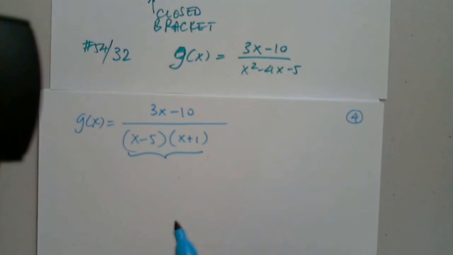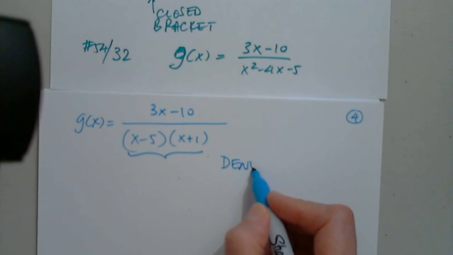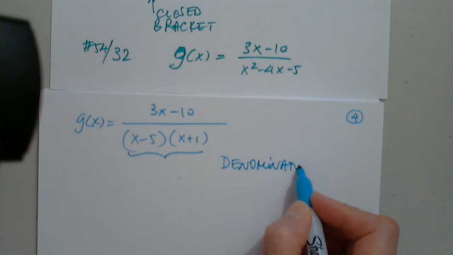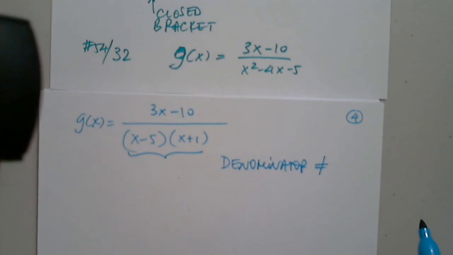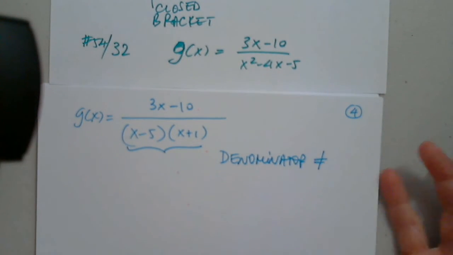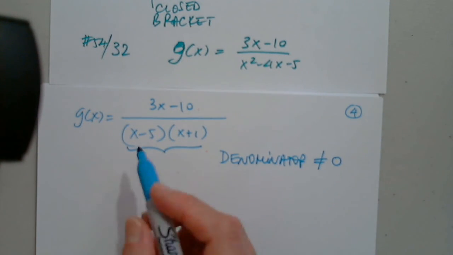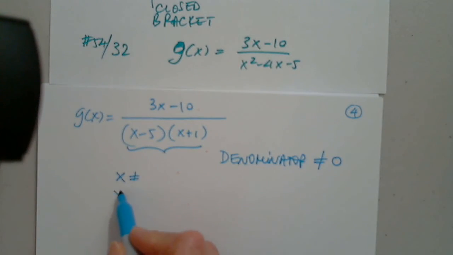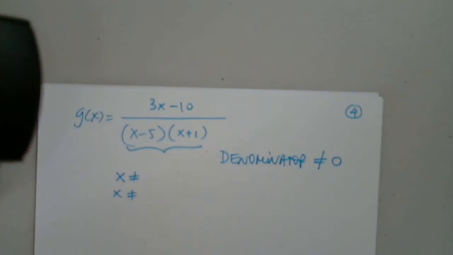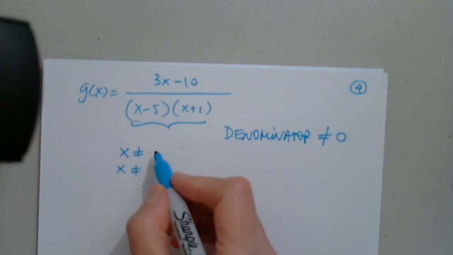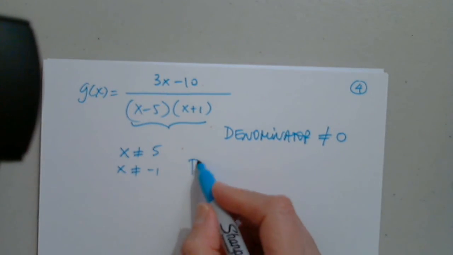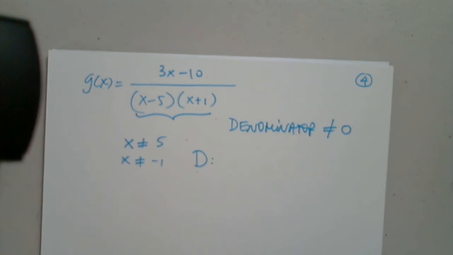So from here, the denominator, we just talked about it less than a minute ago, cannot equal 0. So what are the values that we will not be able to accept? 5 and -1. Thank you very much. So can anyone now state the domain for us?